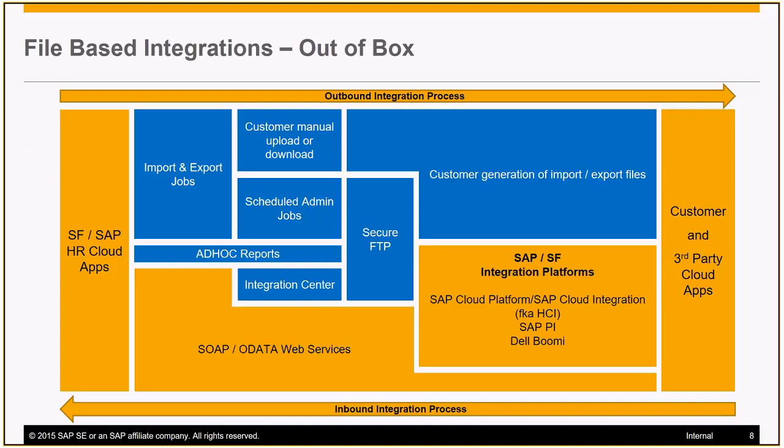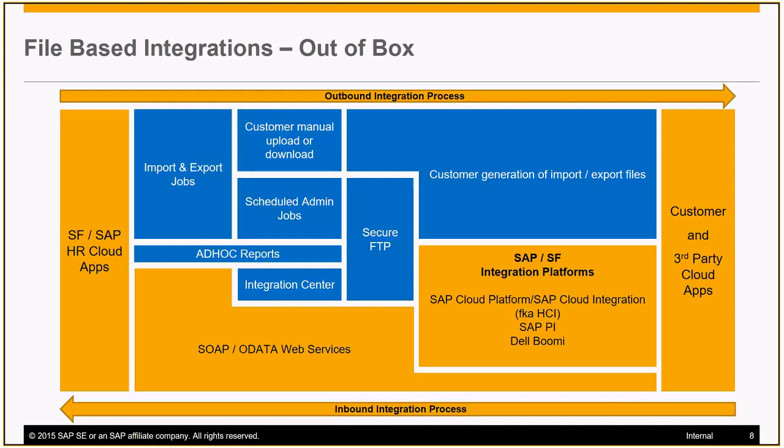Can I ask, how do the jobs work? Is that a scheduled job that we can upload files to, either from or to SF? Is that how it works? Yeah. So we have the backend system which is called provisioning, and under that we have a feature called process scheduler, and that is a way to set up import or export jobs using SFTP, right?